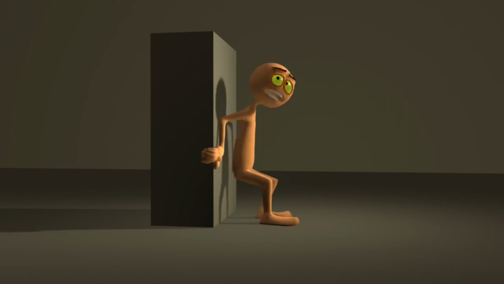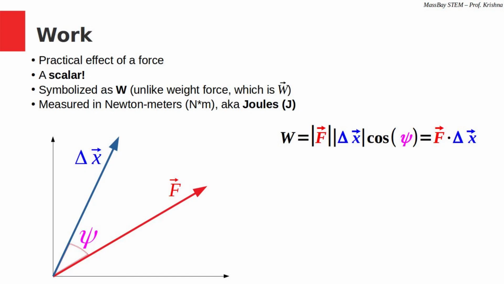How much work are they doing? Well, work equals force times displacement. If they aren't moving the object, the displacement is 0, which means the work is also 0. If an object doesn't move, the work is 0.